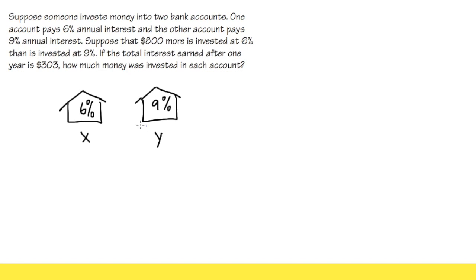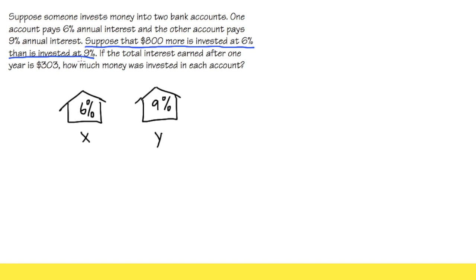Now we are going to see if there's any way that we can come up with a connection between x and y. So we have to go back to the question and read it carefully again. Let's look at this sentence. It says in exact words, suppose that $800 more is invested at 6% than is invested at 9%.